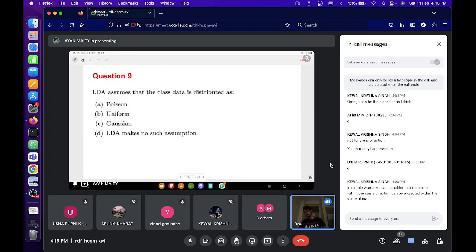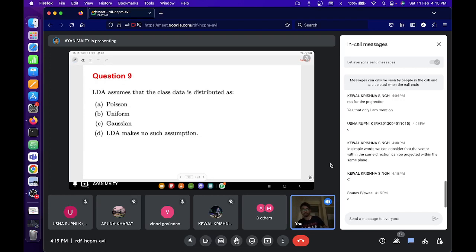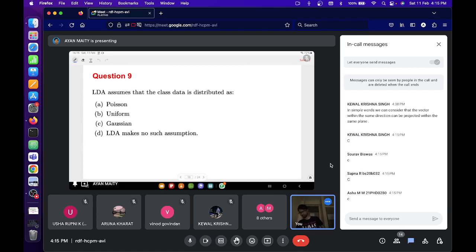So the 9th question, again on LDA. LDA assumes that the class data is distributed as Poisson, uniform, Gaussian, or LDA makes no such assumption. Does LDA assume anything about the underlying distribution of the data?